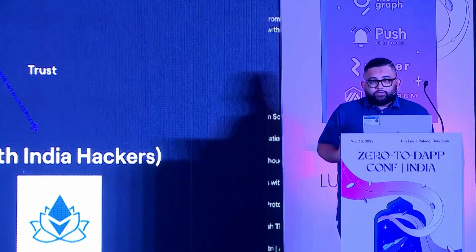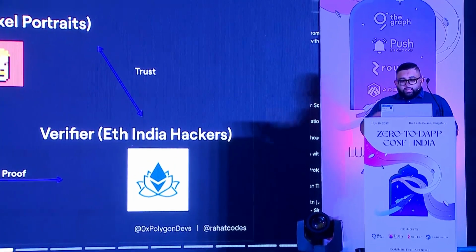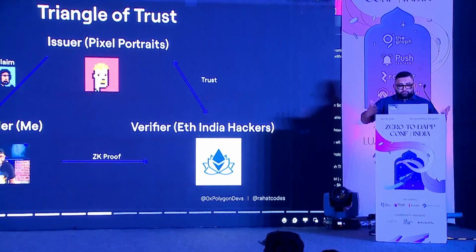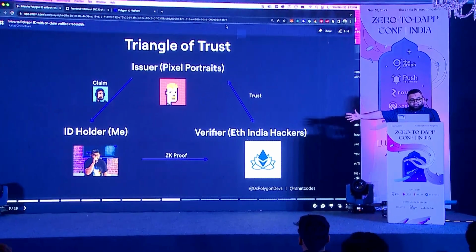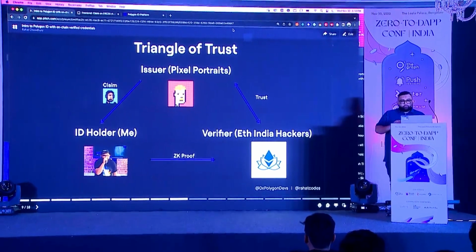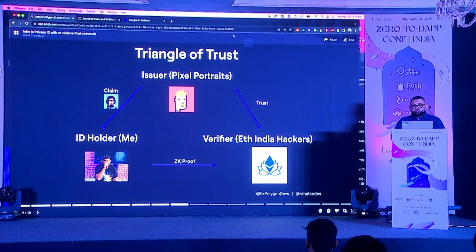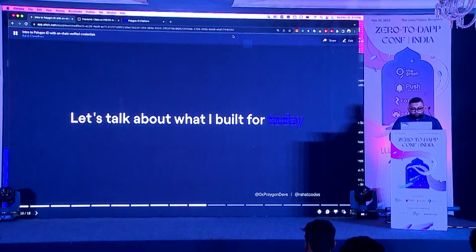I am the holder of this NFT, so I have this claim, or NFT. And you all, as ETH India hackers and Zero-to-Dapp conference goers, verified that I am indeed the holder of this specific claim. And that is how you want to structure how you build out dApps using Polygon ID.